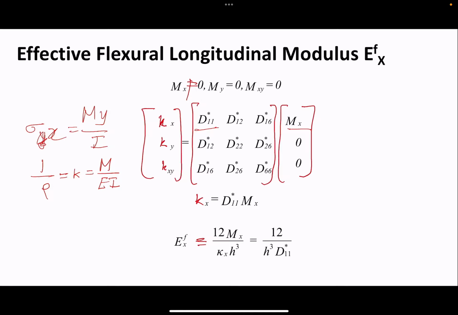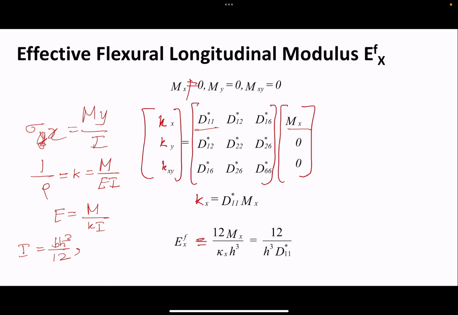And so from this equation, E equals M by kappa I. For a rectangular cross section, which we assume our composite laminates are, I is bh cubed by 12.